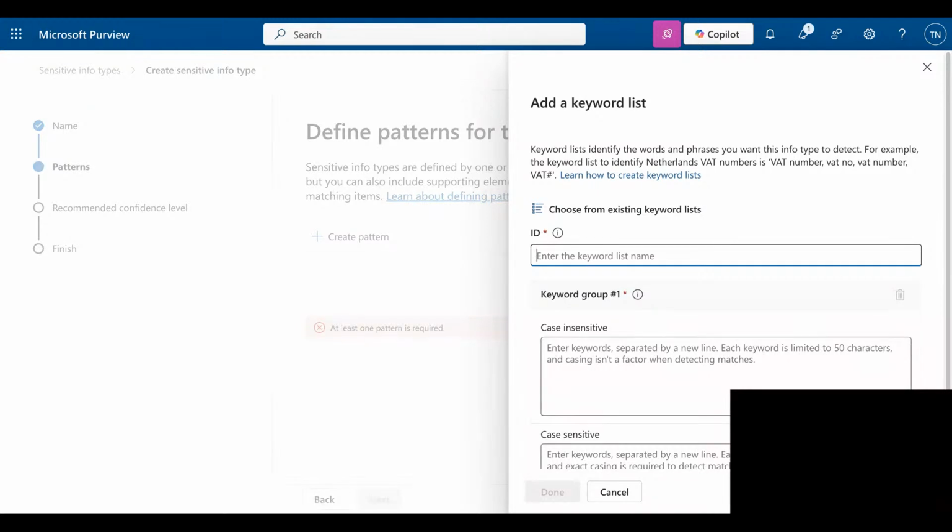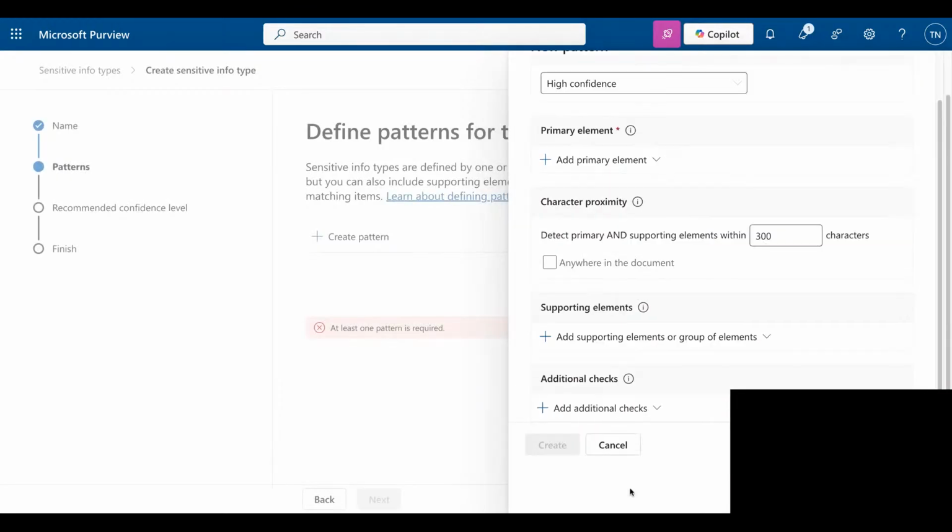So if someone tries to send a file or an email that consists of those specific keywords, then this Microsoft system will detect all of that, and it will either alert me or block that transfer, depending on how I set it up.